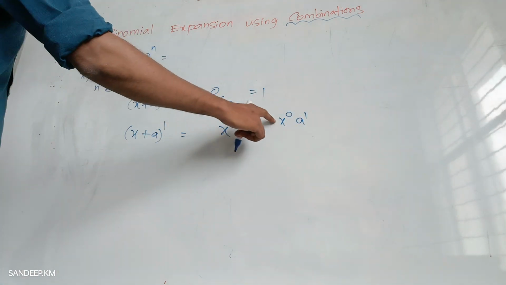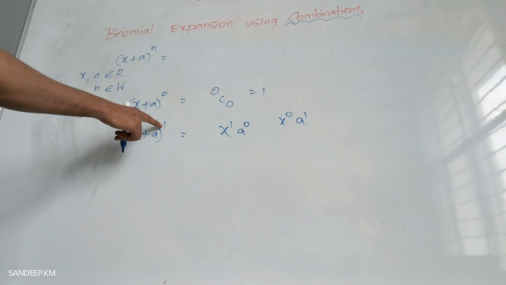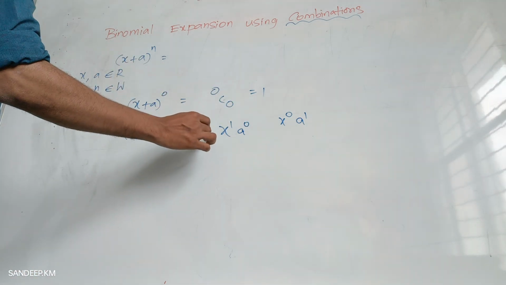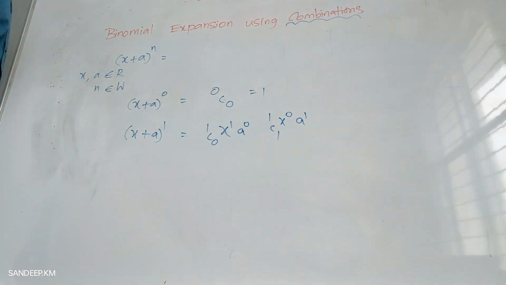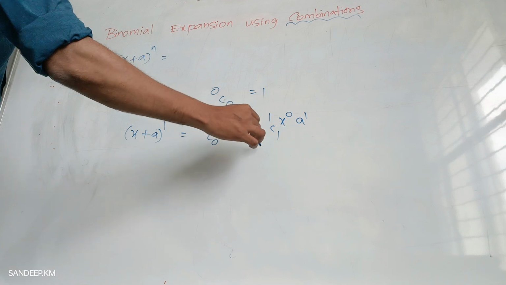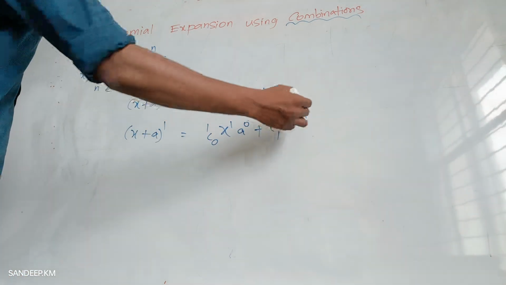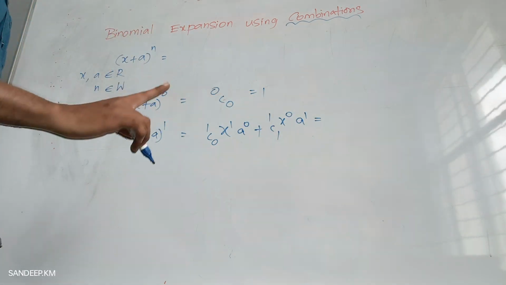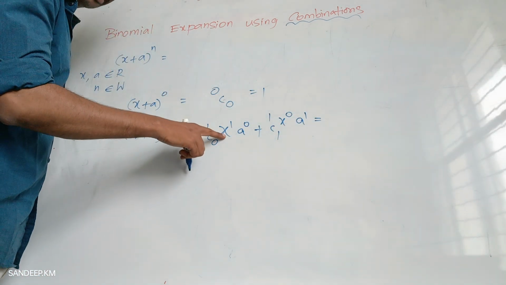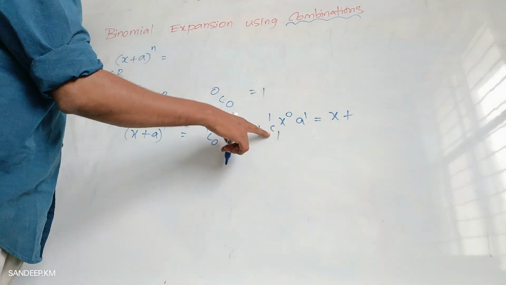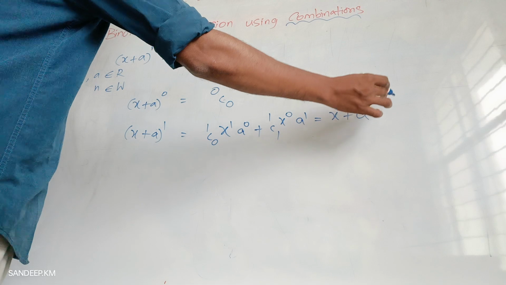Now what about the coefficients? Look at the index. The index is 1 now. The coefficients are 1C0 and 1C1. So add these two terms. There are totally 2 terms. If you simplify it, 1C0 value is 1, so 1 into x into 1, which is x, and 1 into a, which is a.